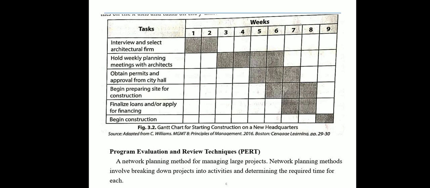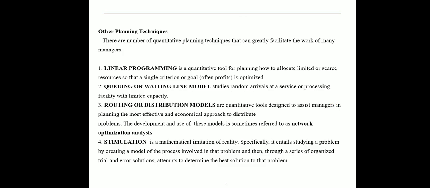However, a PERT chart can be more difficult to interpret. In other words, a PERT chart is a graphical representation of a project's timeline that displays all the individual tasks necessary to complete the project. So let's proceed to the other planning techniques.